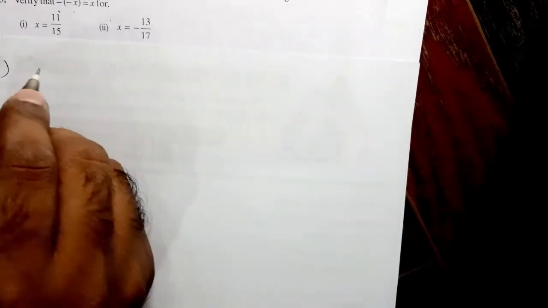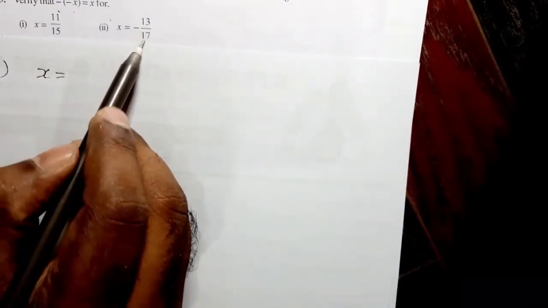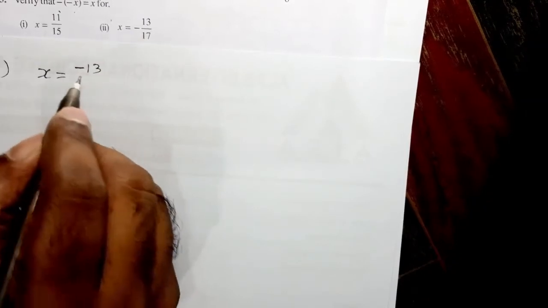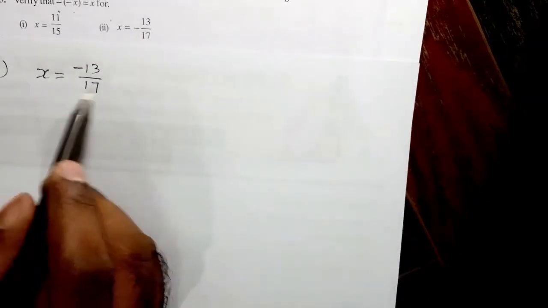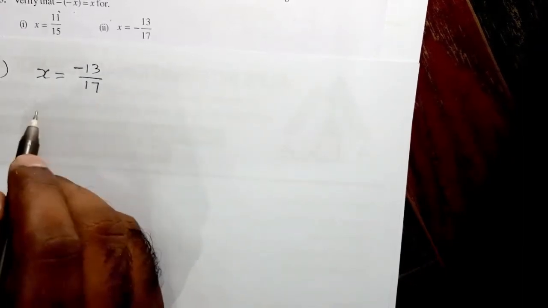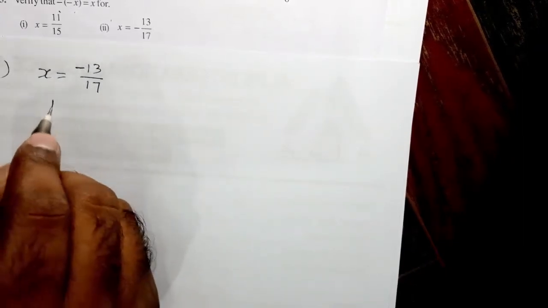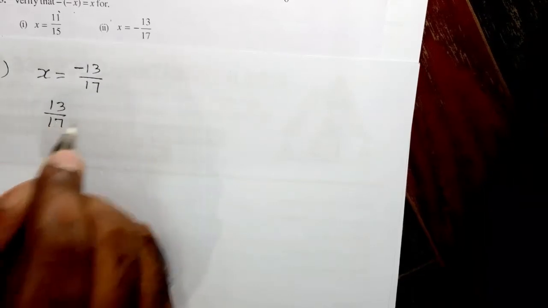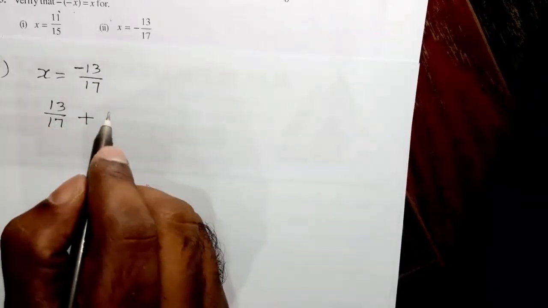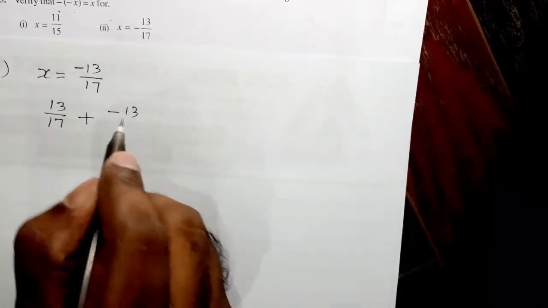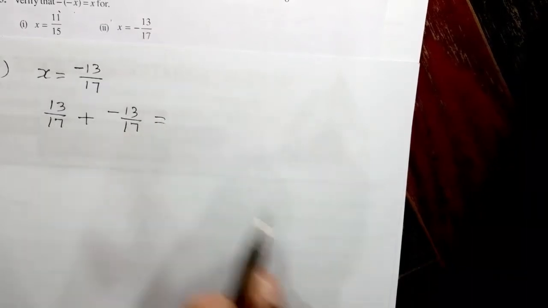Now the second part of this question: x is equal to minus 13 by 17. As we studied, when we add two numbers, here 13 by 17 is there. So we can write 13 by 17 plus its negative, minus 13 by 17. What will be the answer?